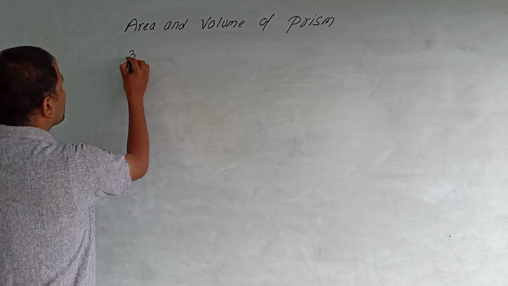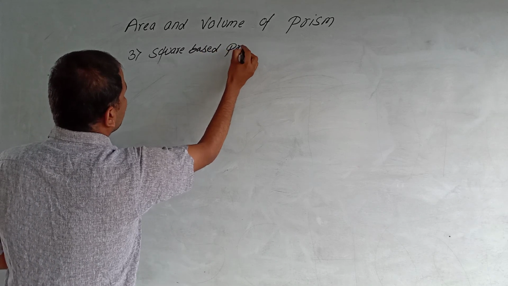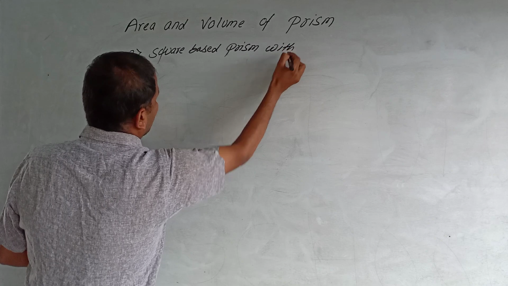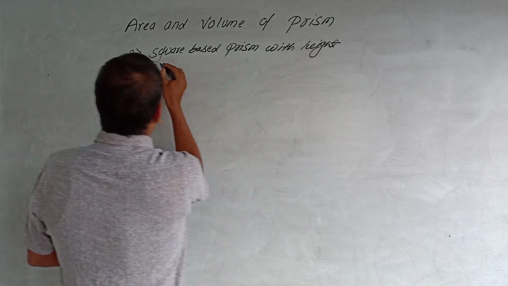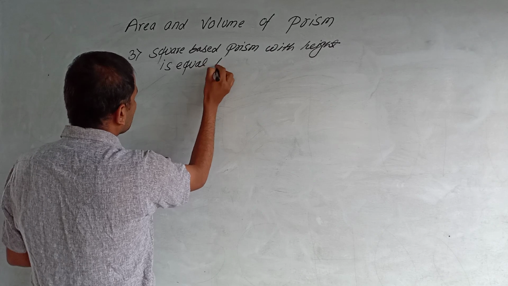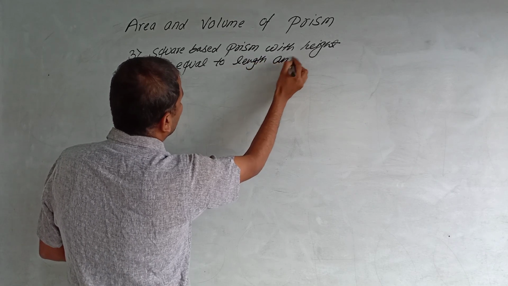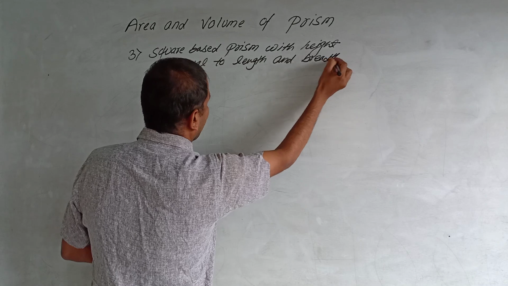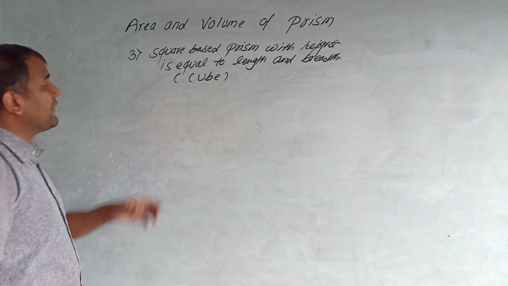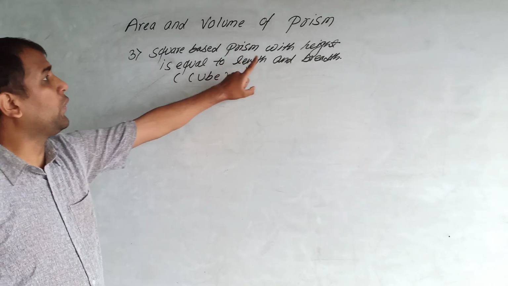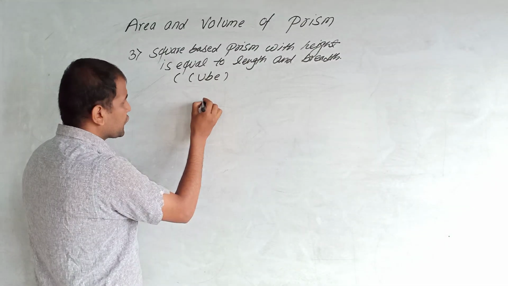Third one is square based prism with height equal to length and breadth, that is cube.